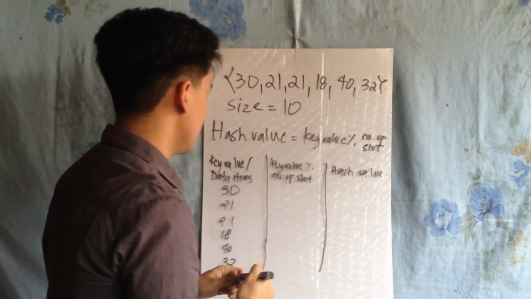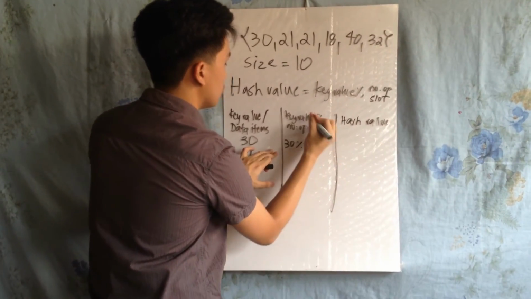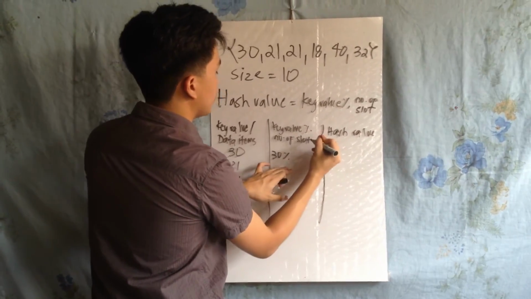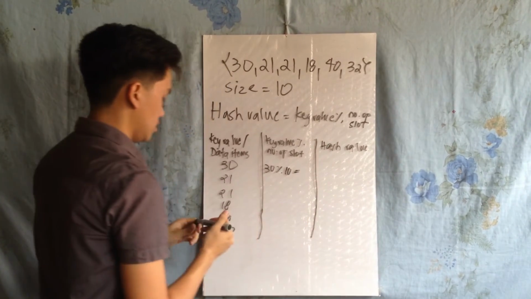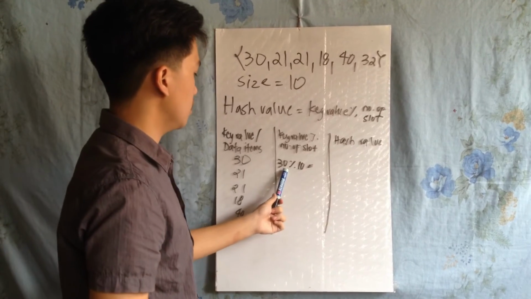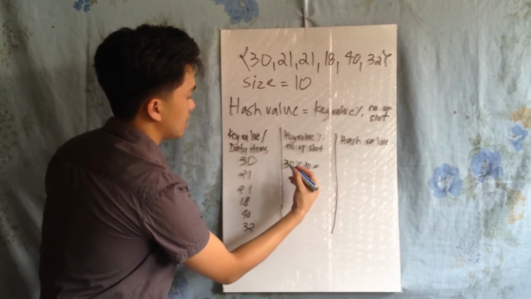So, isosolve na natin siya. 30 modulo number of slot or number of size na 10. So, para ma-compute to, 30 modulo 10, i-divide lang natin siya.